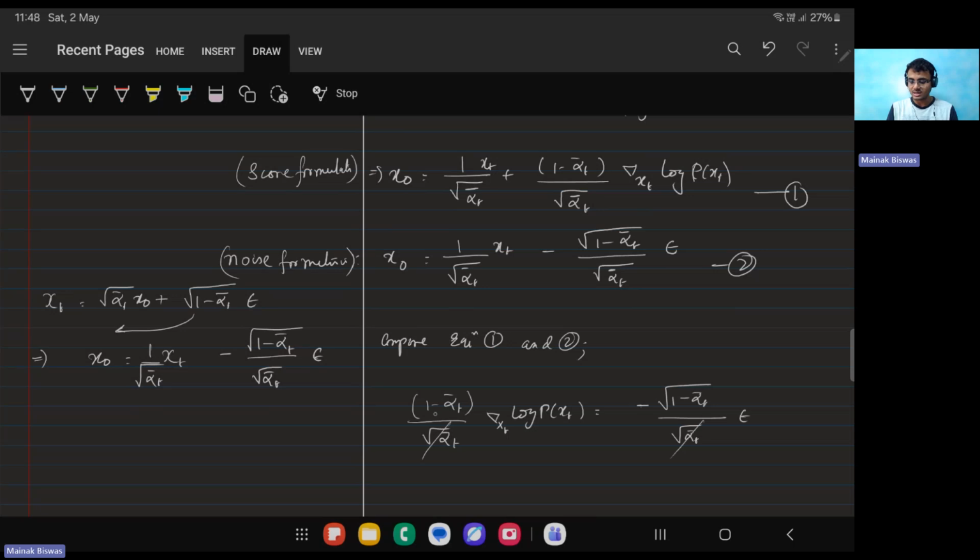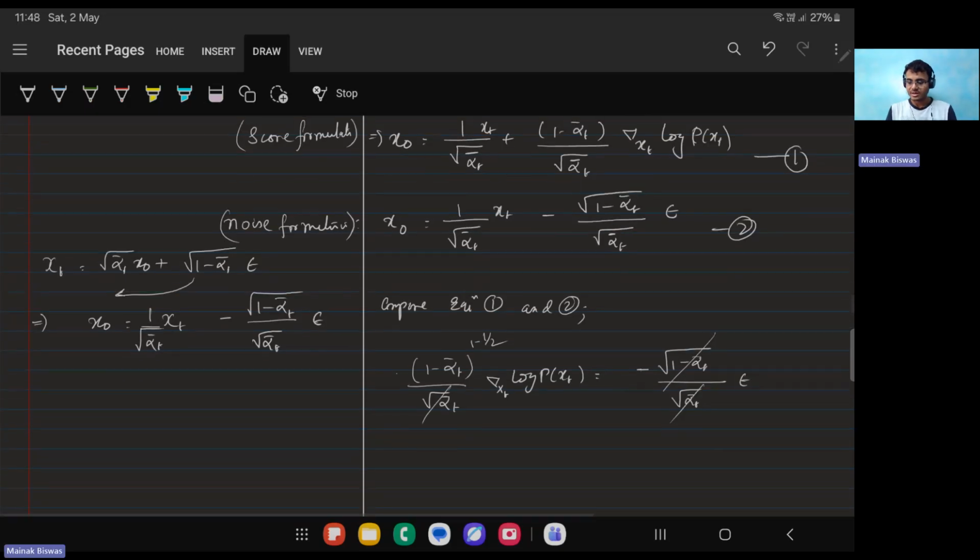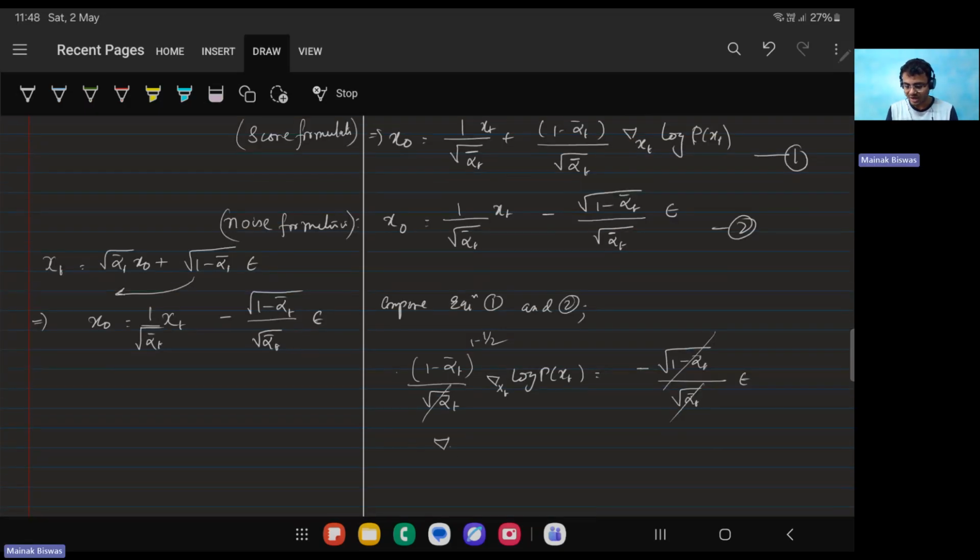Clearly, we can cancel these out. And then what you'll end up getting is an exact value for the score. And we'll be seeing why this is important. The score equals minus 1 over root of 1 minus alpha t bar into epsilon. So this is my equation 3.